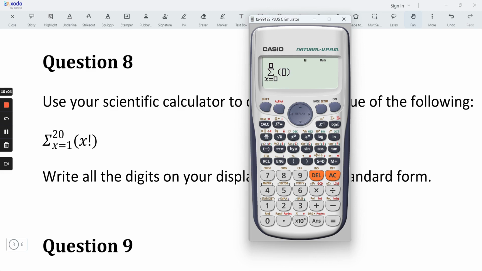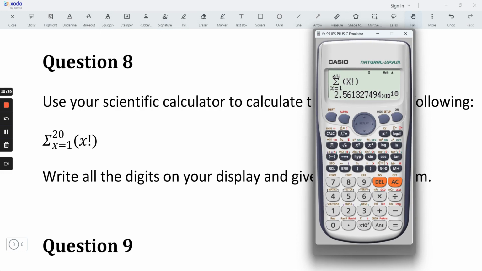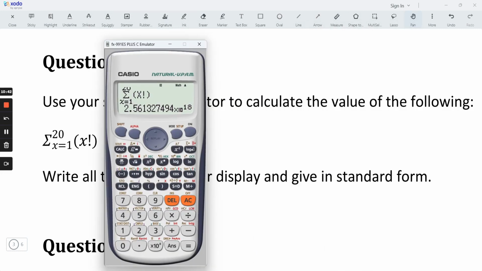Our function is x factorial, so alpha x, shift this factorial x to the power of minus 1. x from 1 to 20, equal. It's written in standard form here, so you have to write all of these digits, because they were asking us to write all the digits in your display and give in standard form.